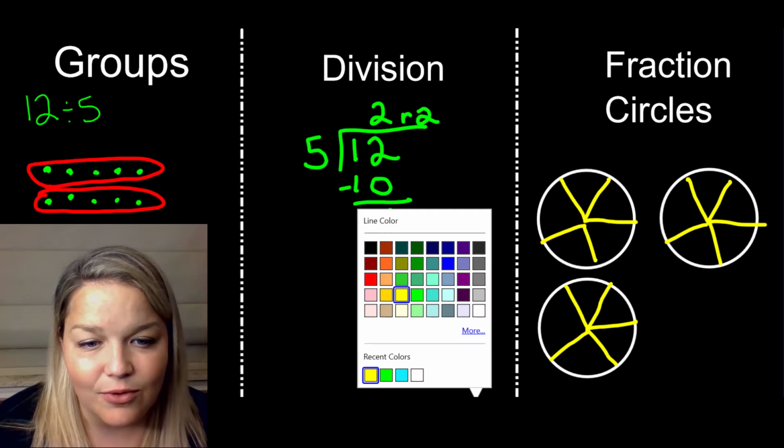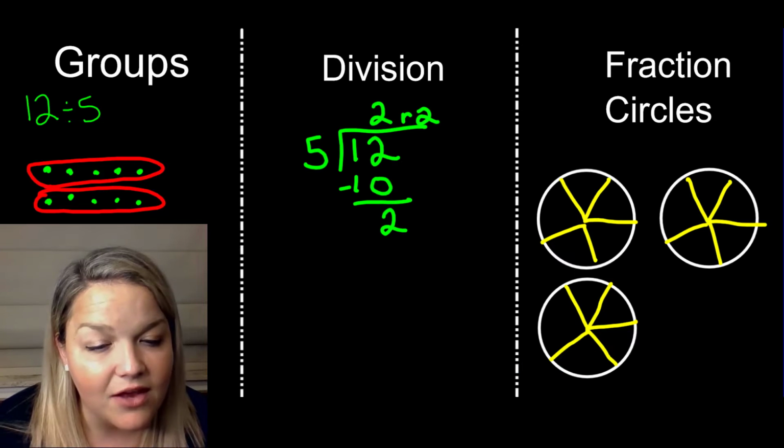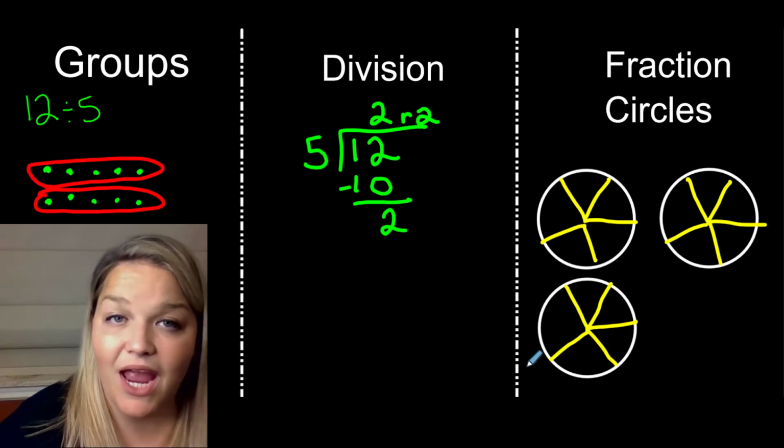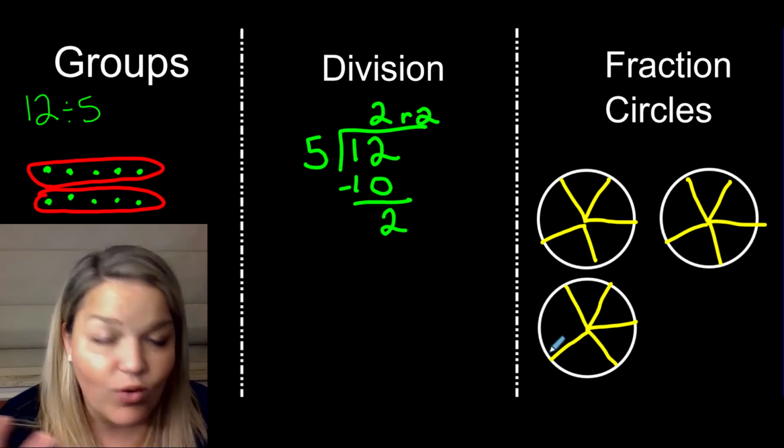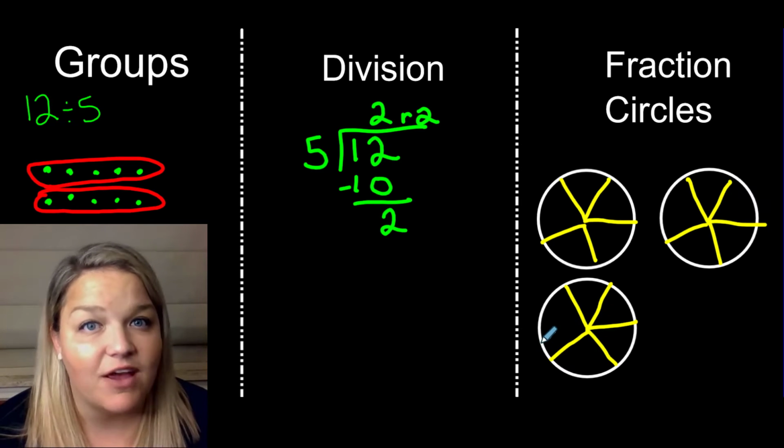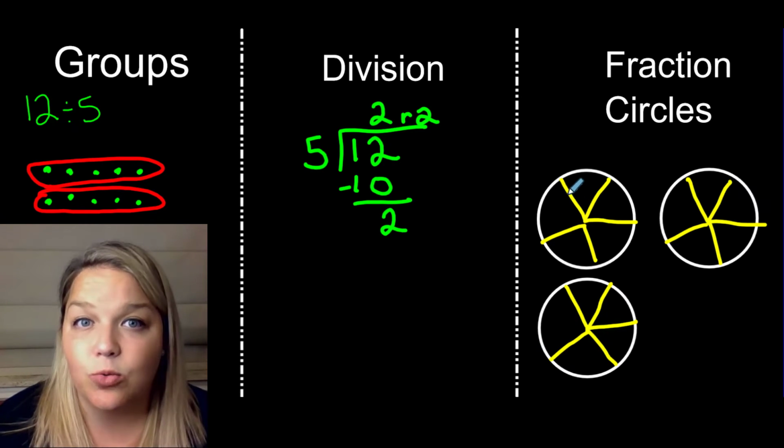All right, so we'll grab our green again, and let's model this. How much did you have? You had 12, okay? And how many groups of 5 can you make? Well, let's shade in 12 slices.